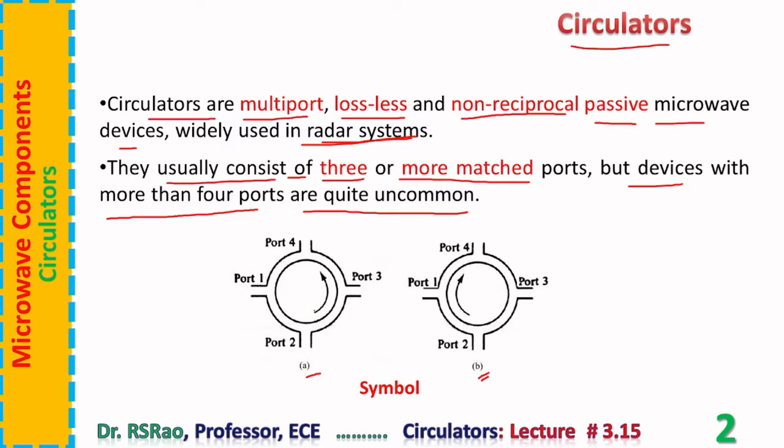Each one has an arrow indicating certain rotation along with port numbering. In A, the rotation is in anti-clockwise direction. In B, rotation is in clockwise direction.